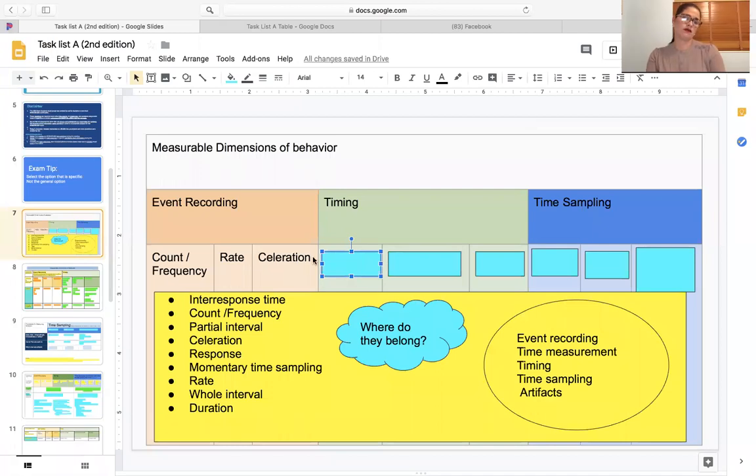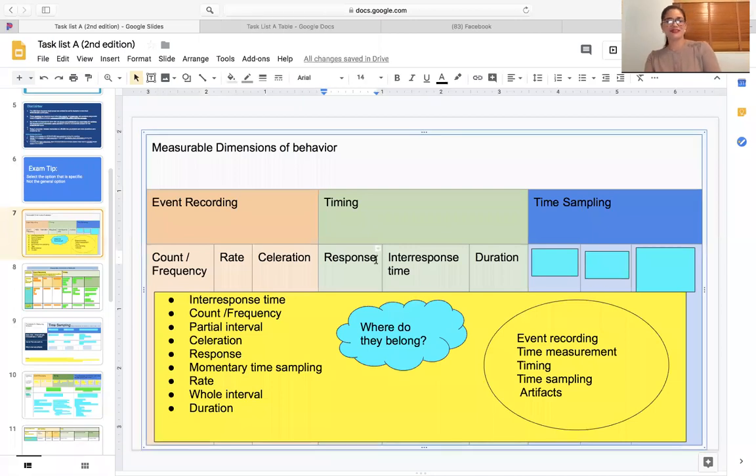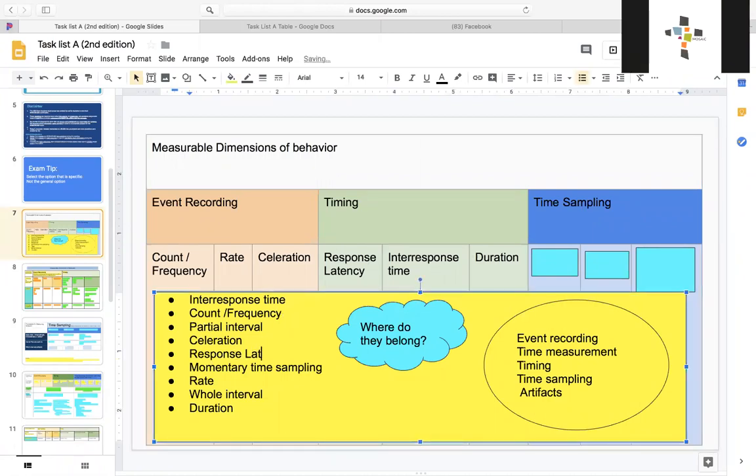Oh, interesting. I forgot to write the rest. Let's say that I did it on purpose because I'm teaching you how to discriminate. Response latency. There you go. And what's the AKA for response latency? Latency. Yeah, good job. Easy.